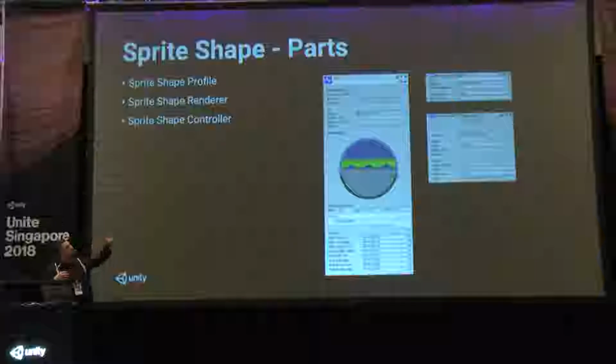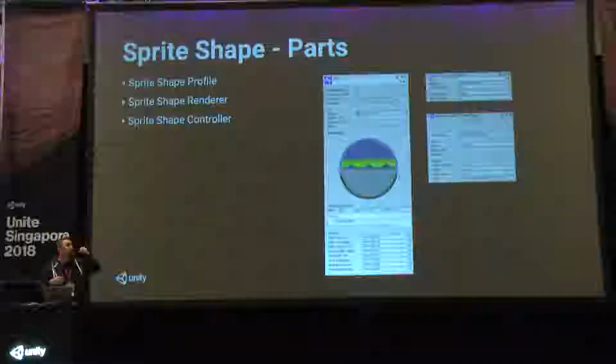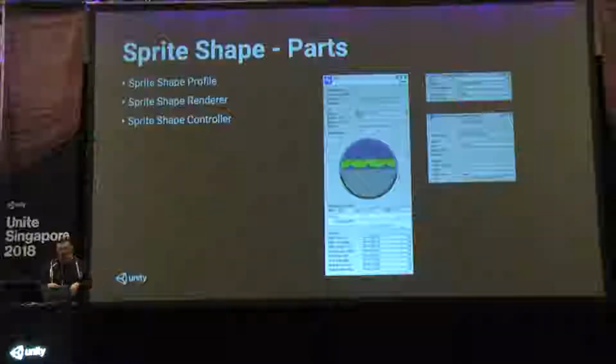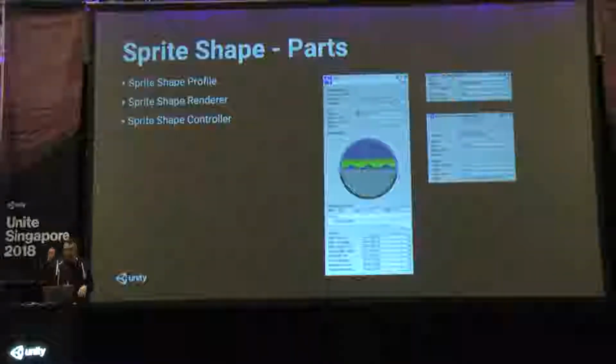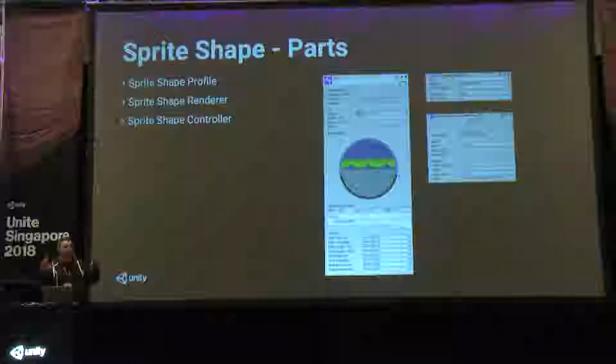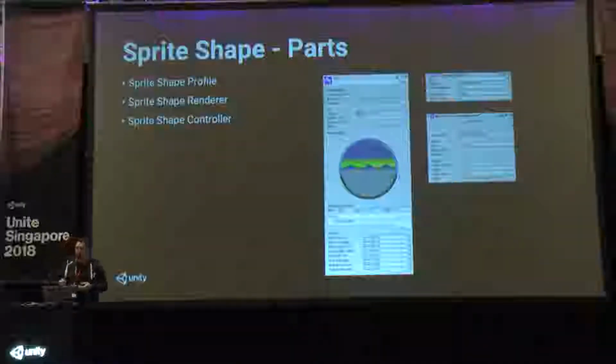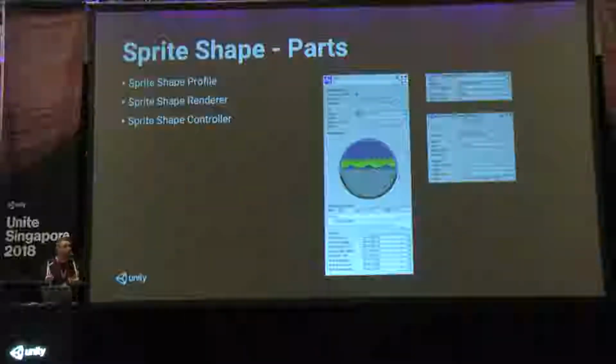And then you have a SpriteShape controller, and this is for access to all of the runtime editable stuff that you'd have in the scene. So your control points, what's the detail of the generated mesh? Is this open-ended or not? These kinds of things.